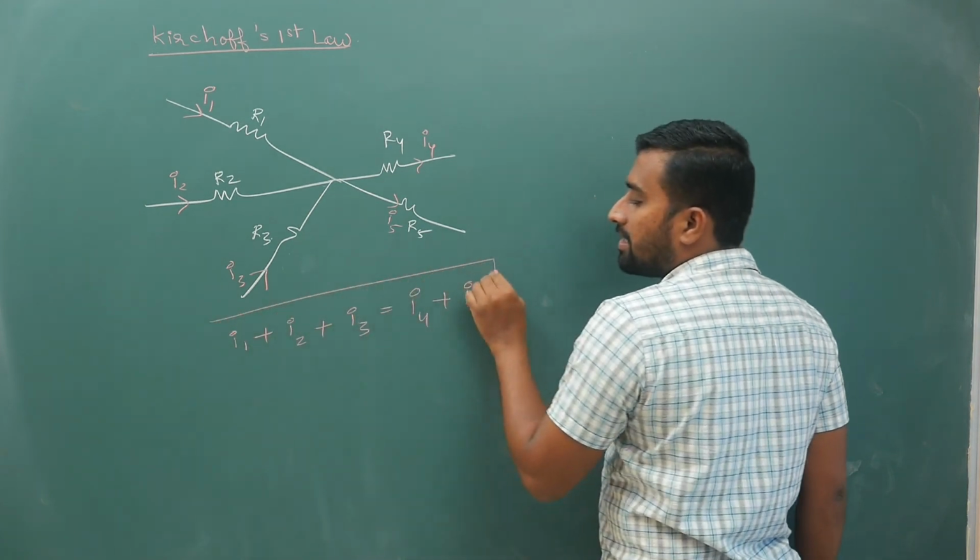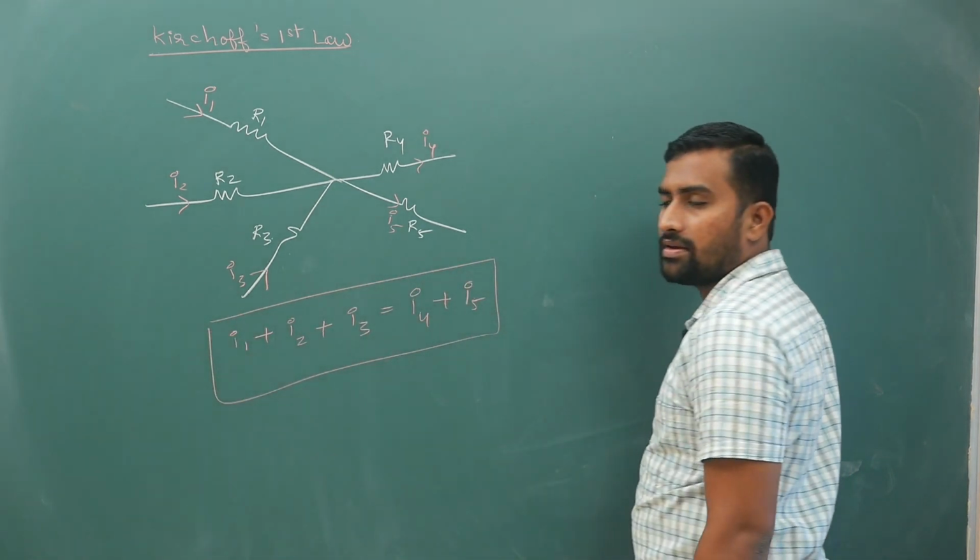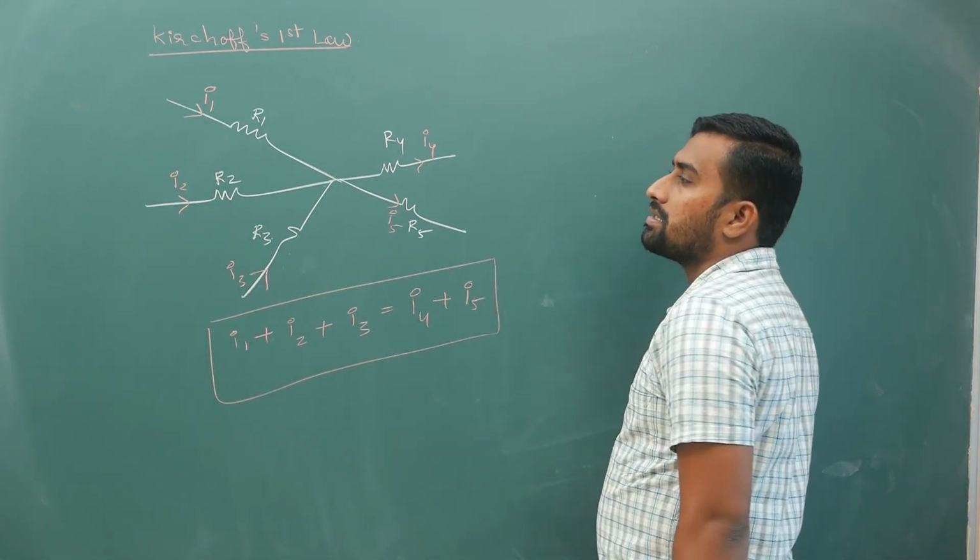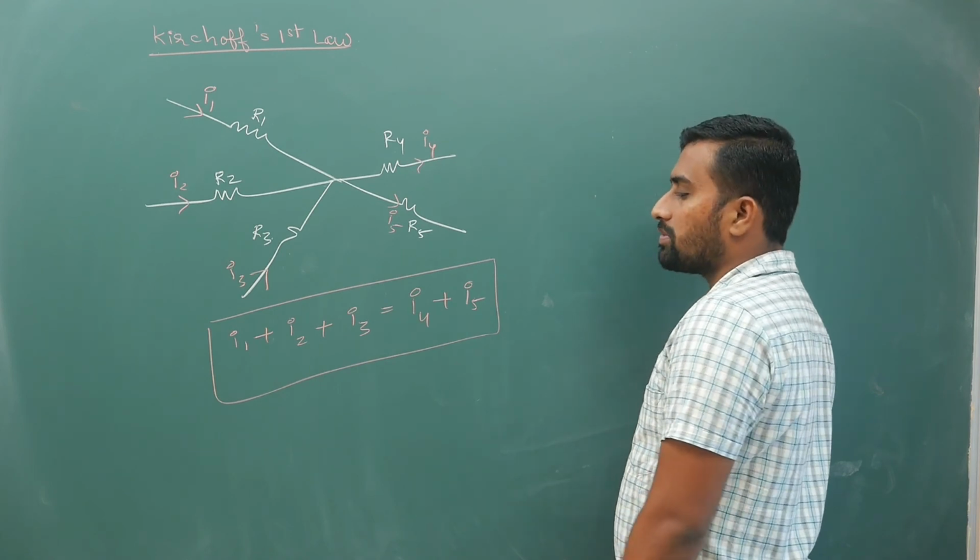Current entering is equal to current leaving. That is Kirchhoff's first law, as simple as that.